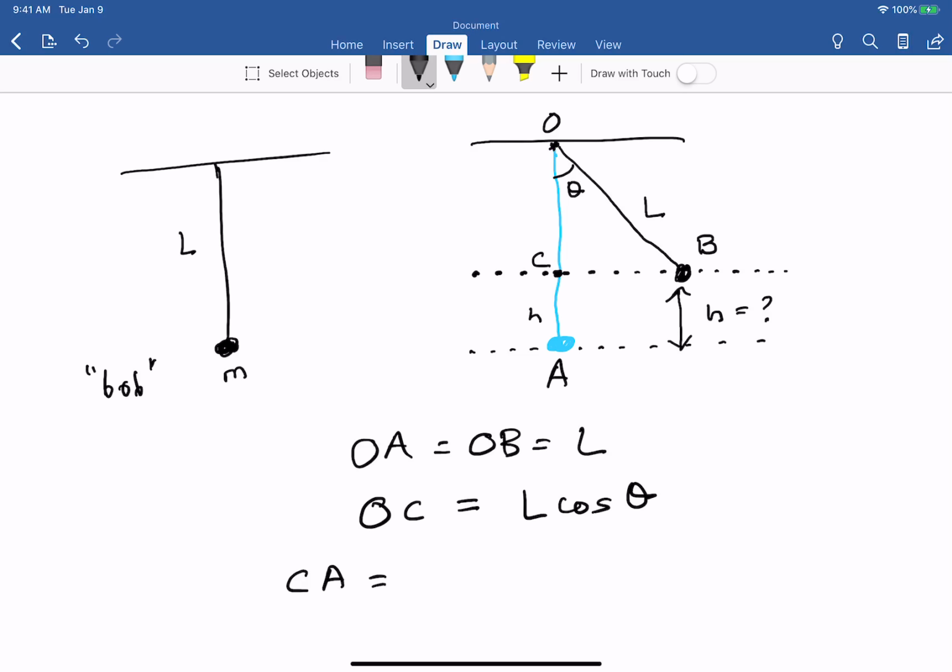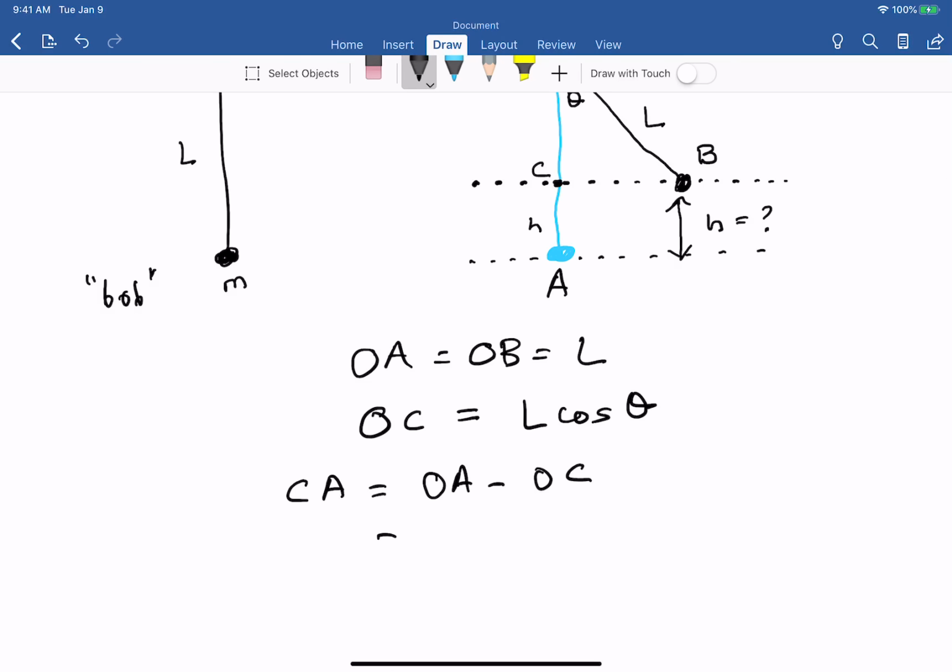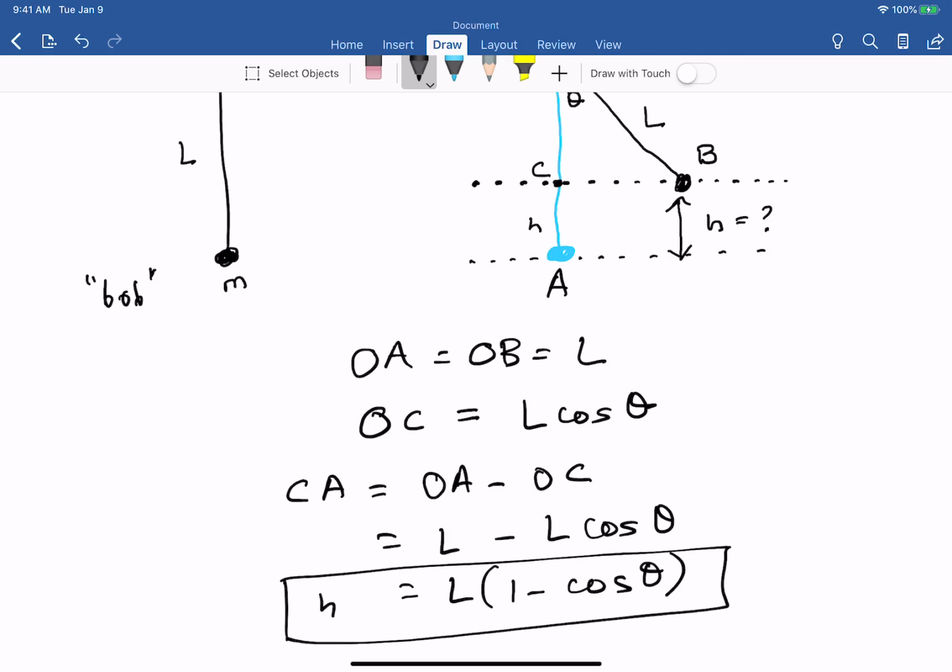CA is clearly OA minus OC. So that's L minus L cosine theta, and so that's L times (1 minus cosine theta), and that is h, exactly what we were looking for. So h, we just figured out, is L(1 − cos θ).